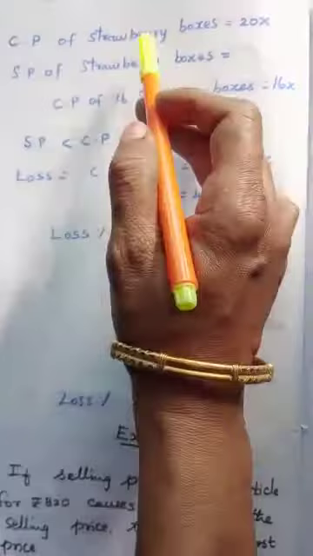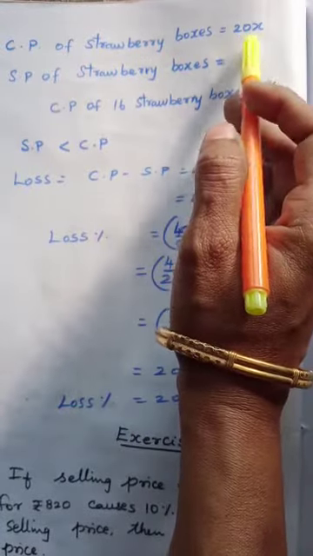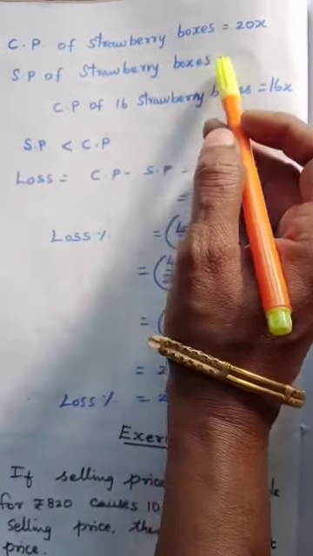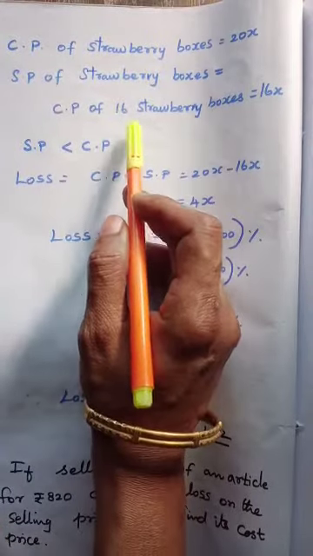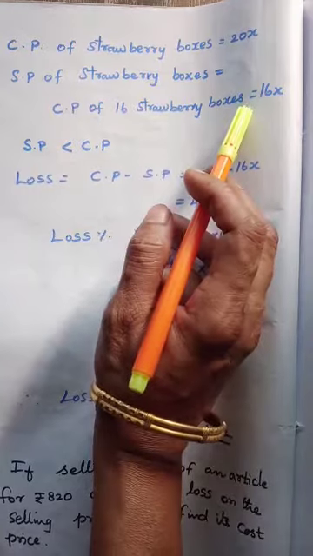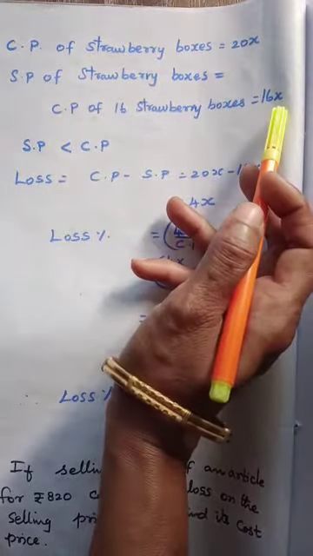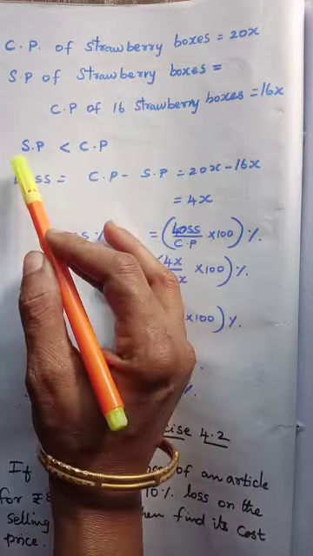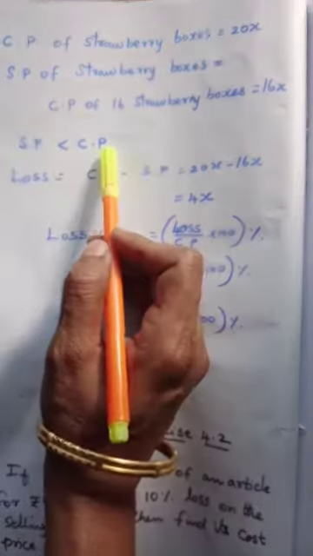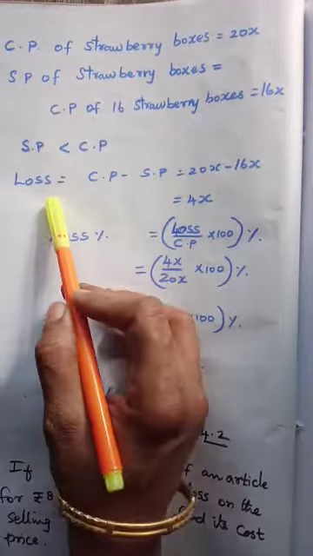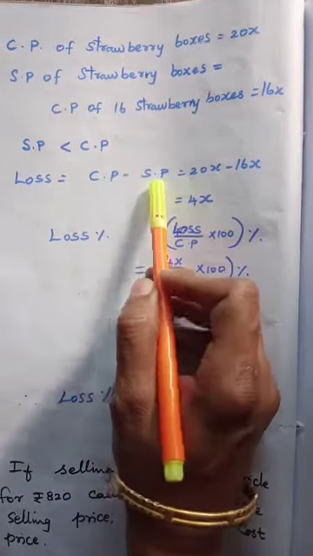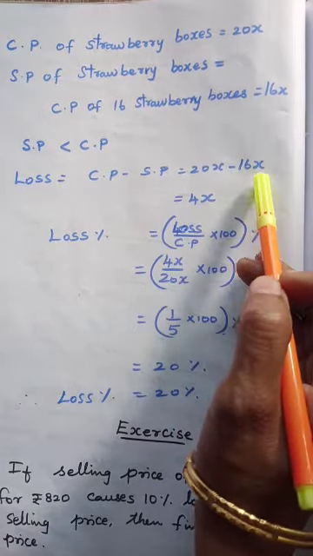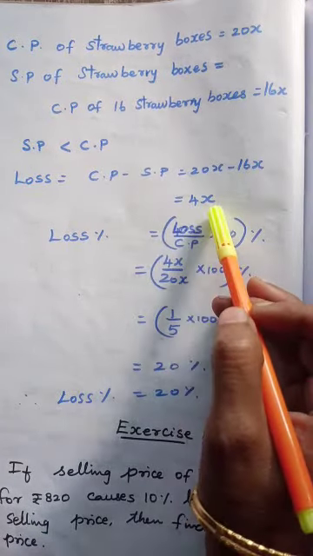Then CP of strawberry boxes is equal to 20X. SP of strawberry boxes is equal to CP of 16 strawberry boxes. That is 16X. Okay. So SP is less than CP. So loss is equal to CP minus SP is equal to 20X minus 16X. That is equal to 4X.